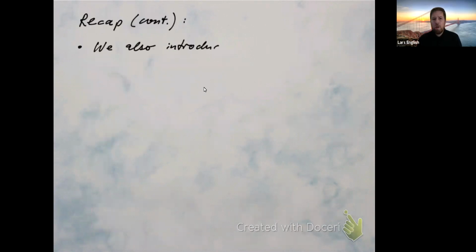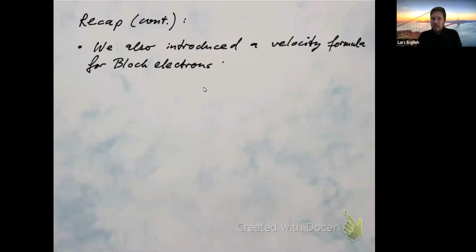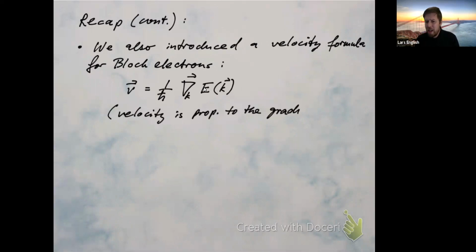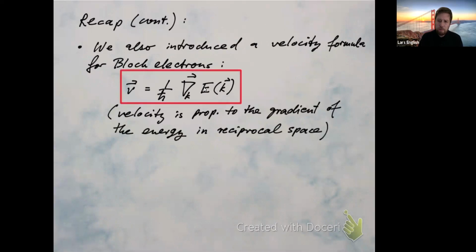Okay, and so we also introduced a notion of velocity for these Bloch electrons. Here we said we're not dealing with the phase velocity, but rather the group velocity idea. And we introduced this formula that the velocity of a Bloch electron is given by this gradient in reciprocal space of the energy, right?